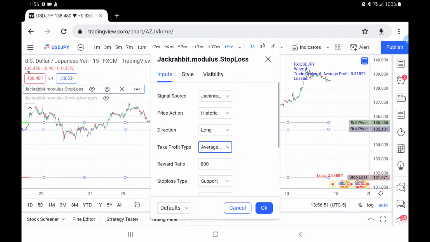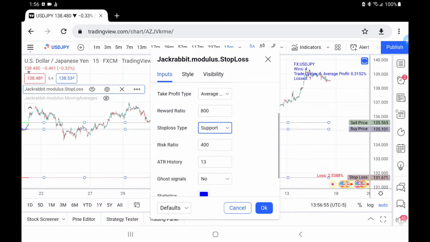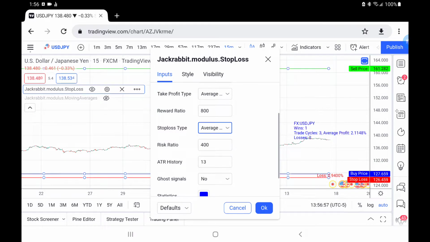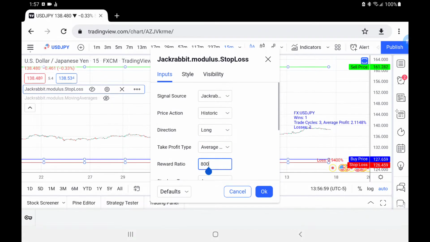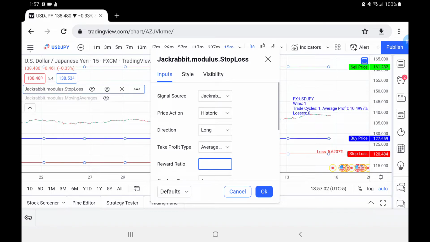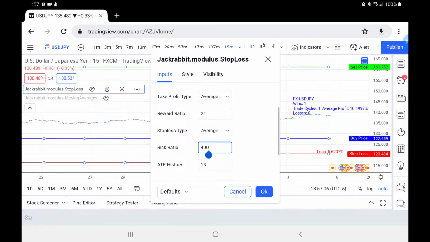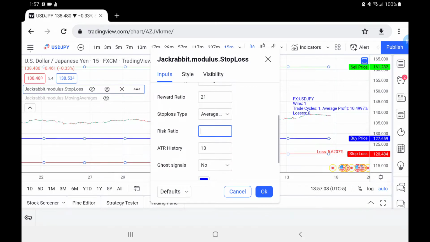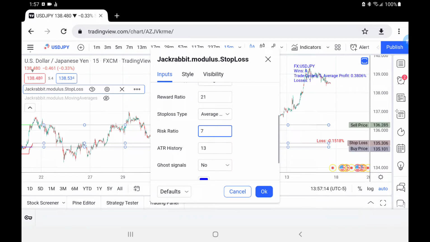average true range. This was a very big requested item. Now let's do a 21 ATRs versus 7 ATRs. This is actually a 3-to-1 reward to risk ratio.